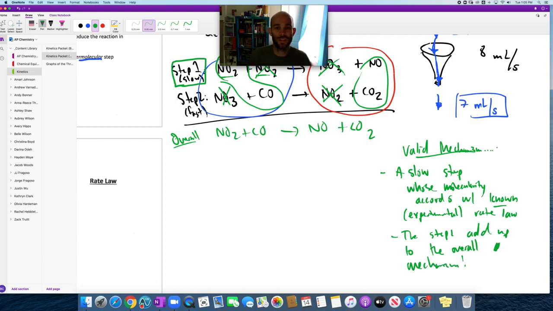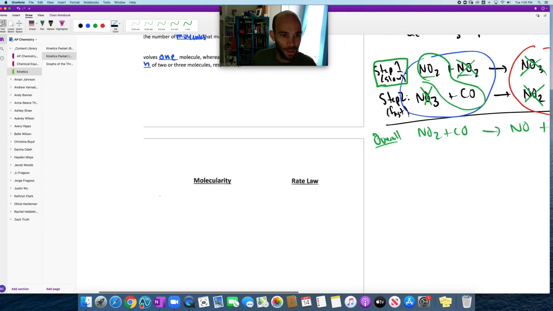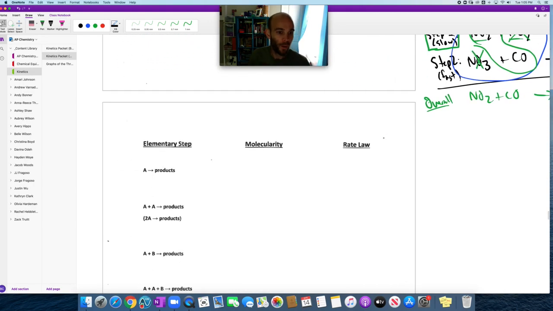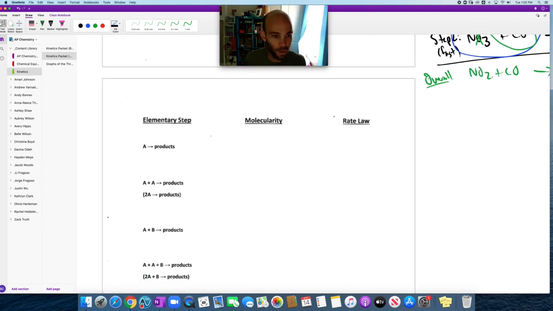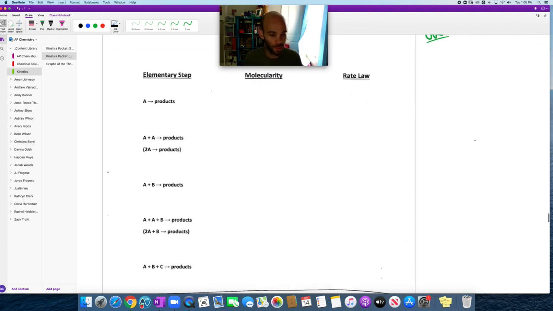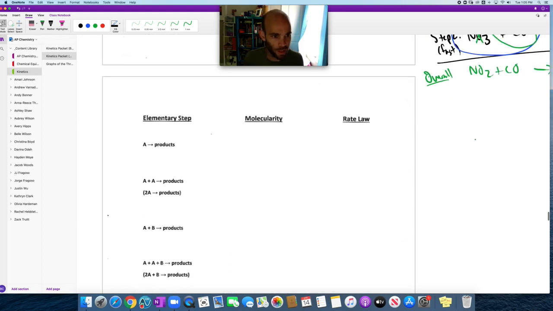Okay, so for those two reasons, it's a valid mechanism. Let's continue on a little bit further. Let's talk about how elementary steps give rise to particular molecularities and what the overall rate laws would be. Let's get through this page quickly and define some terms and then be done.